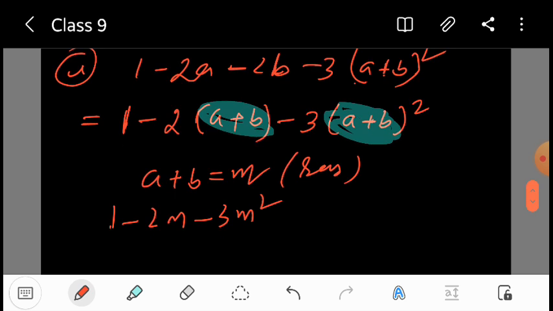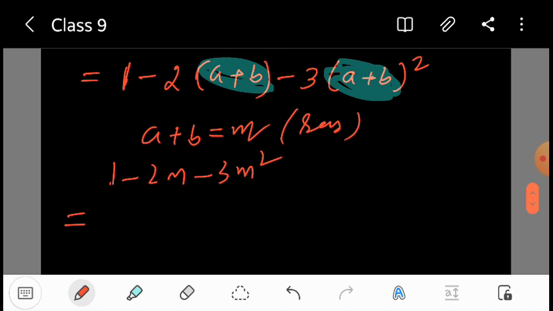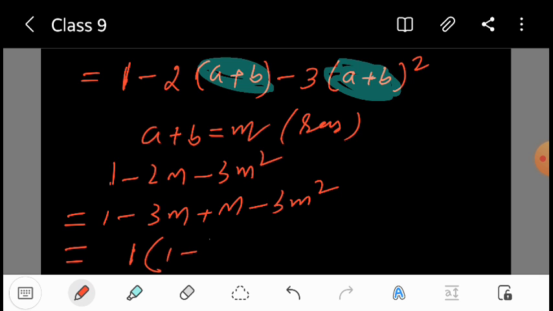Now we need to middle term factor this one. 1 minus 3m plus m minus 3m square. We can write this one: if we take 1 as common, this is 1 minus 3m, and if I take plus m as common, this is 1 minus 3m.